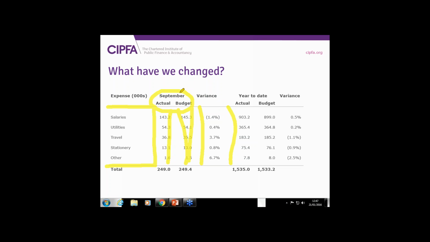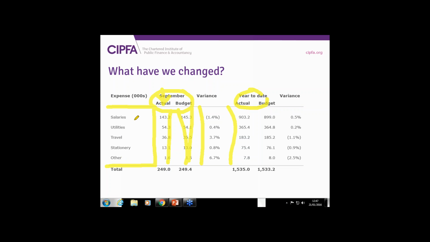So the monthly actual and monthly budget figures for September, and then the same for the year to date. So I'm assuming we want to compare those columns, so I've put them together. And I've also assumed that actually our September actual column is the most important. That's what we want to focus on. So I've put that to the far left on the basis that in the Western world, certainly, that's where our eye is drawn.